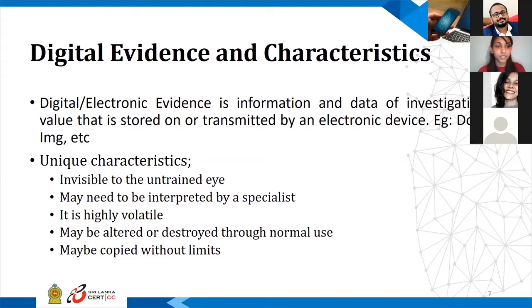So if it gets damaged, then there's actually no use of investigating it. And when we are investigating it, we should always investigate it with a copy of the exact device. Getting a copy and how we do a copy, I will be explaining in the latter part.